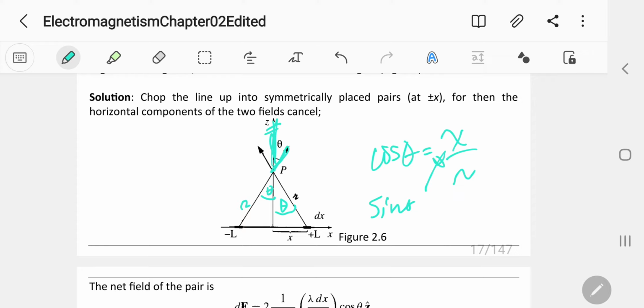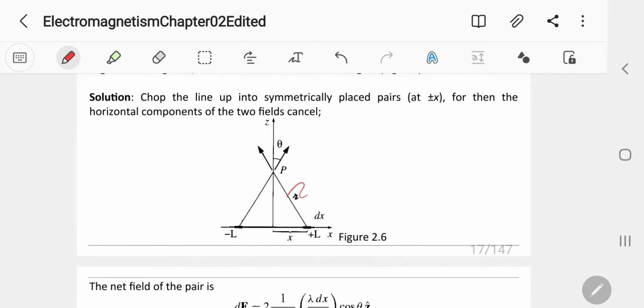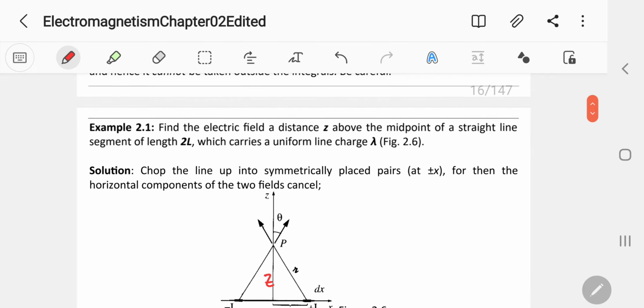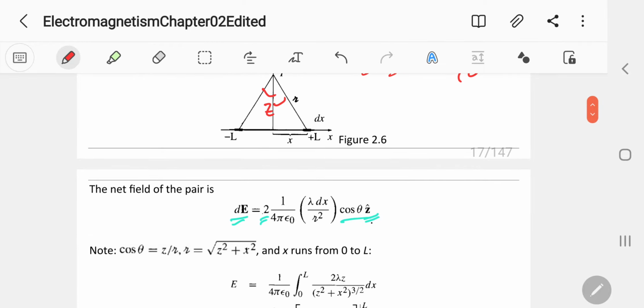For here, the cosine theta is actually z, because the P is z above the midpoint of a straight line, and theta is here and also here. So cosine theta is actually equal to z over scripted r. I'm sorry for the mistake earlier.